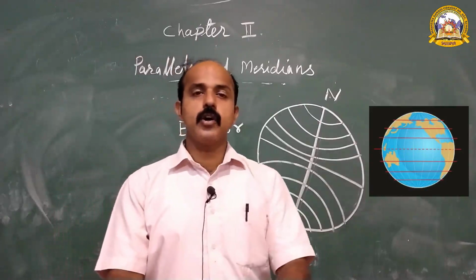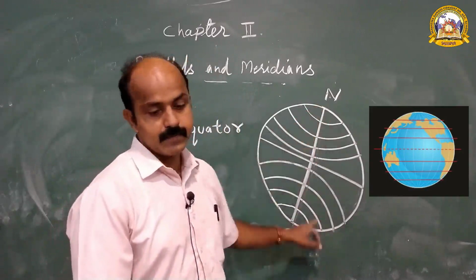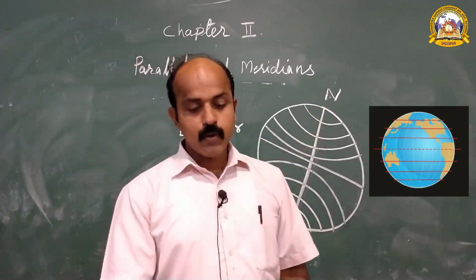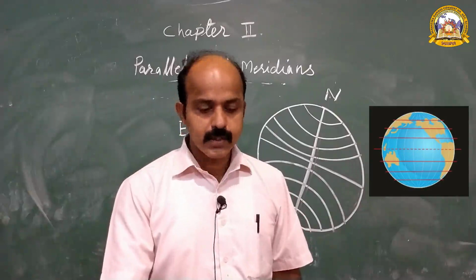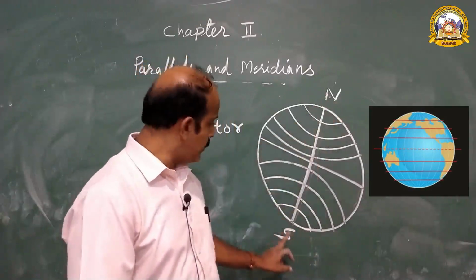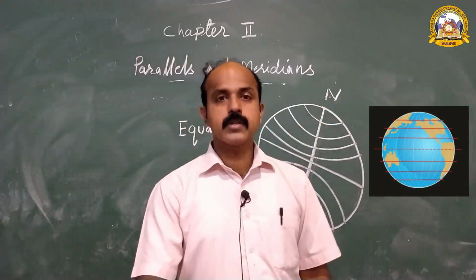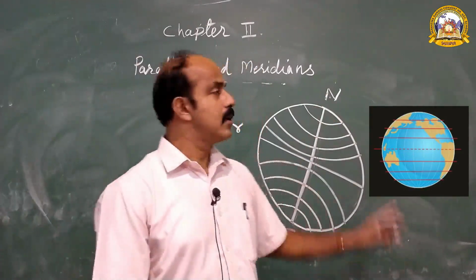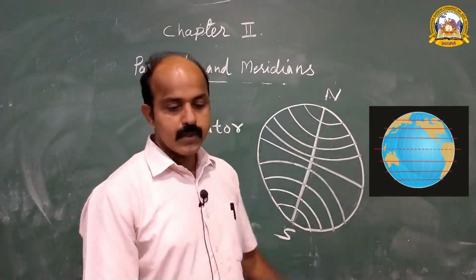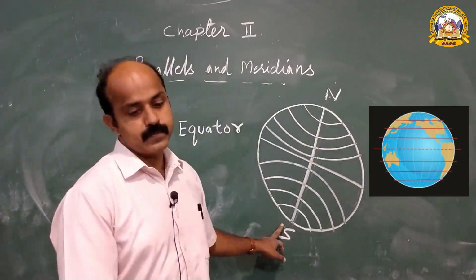The end points of the axis are called poles. The poles are used as two fixed points. What are the two fixed points? North pole and the south pole. The point on the top is the north pole. The one at the bottom is the south pole.